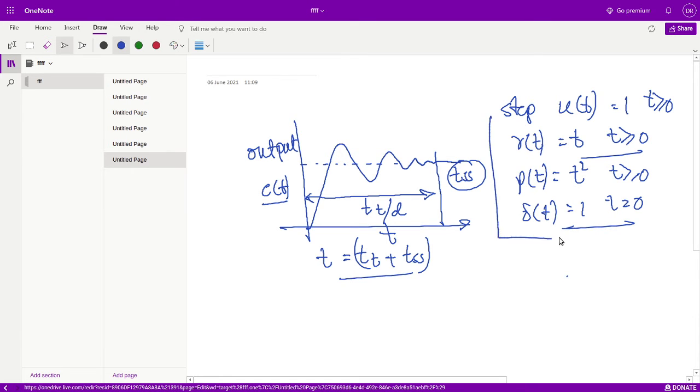These are all the test signals by which we apply the input to any control system, first order or second order circuits or networks, and analyze the variation of the output with respect to time. This type of behavior is known as the transient response or time domain response analysis.